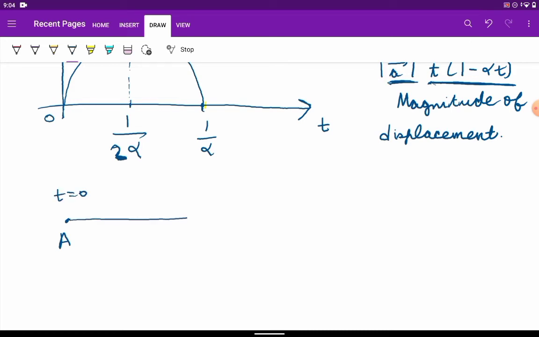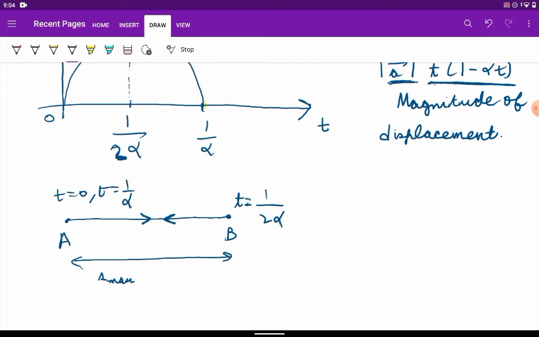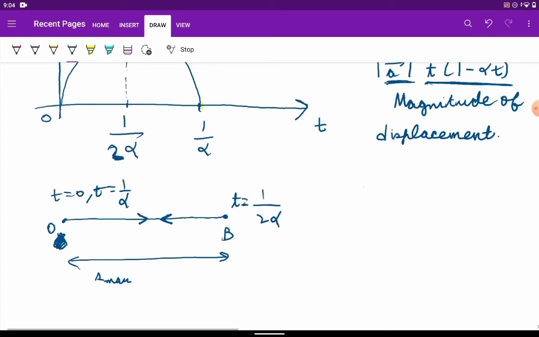It goes to some point B where this is s max, and it again comes back. At t equal to 1 by 2 alpha it changes its direction. At t equal to 1 by alpha, it again comes back to O, the origin over here. So we need to find out 2 into S max, which is the distance covered.